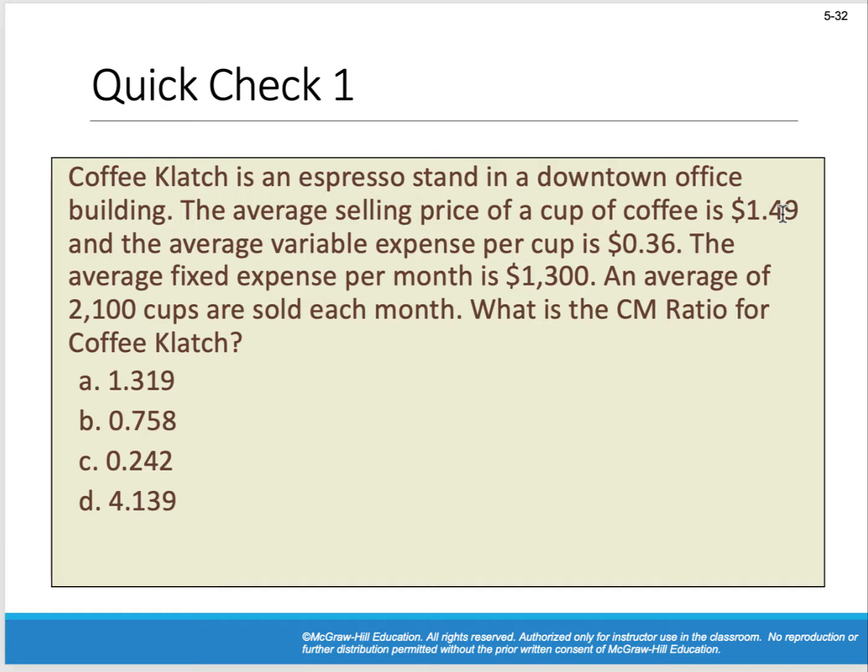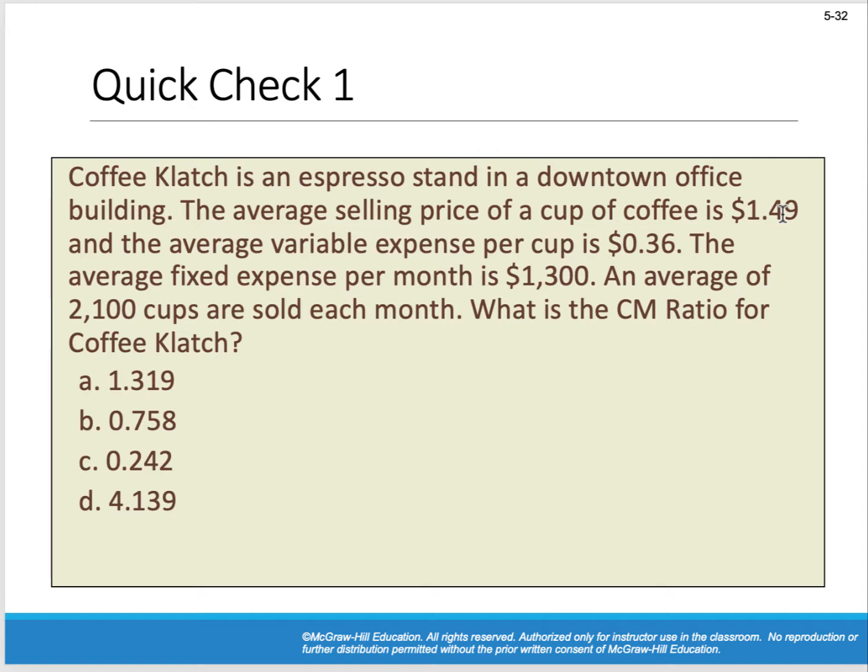In a calculator, or in your head, whichever you prefer, I'm going to take $1.49, which is the selling price, and subtract the variable expense per cup, which is 0.36 or 36 cents. That gives me a contribution margin of $1.13.